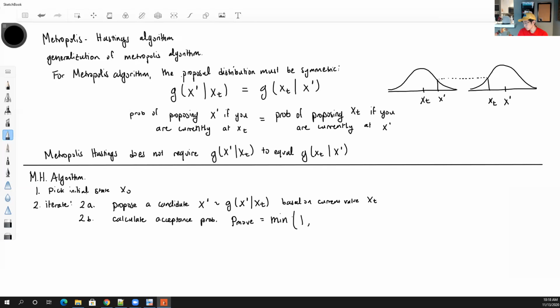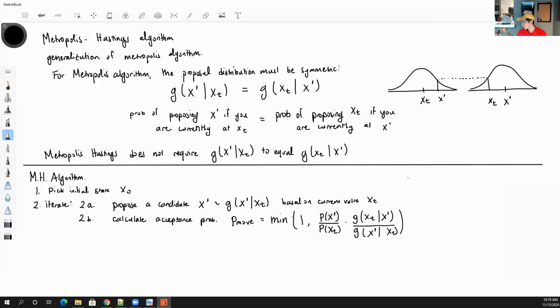And that's going to be the minimum between 1 and the probability of x times g of, okay, and technically you can also use some f that is proportional to p.